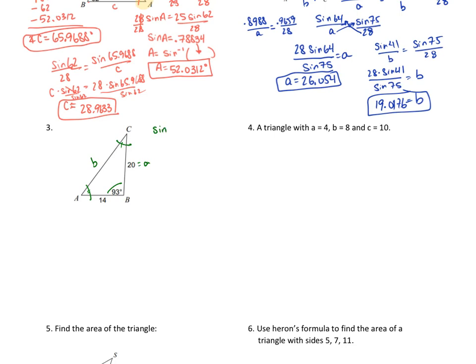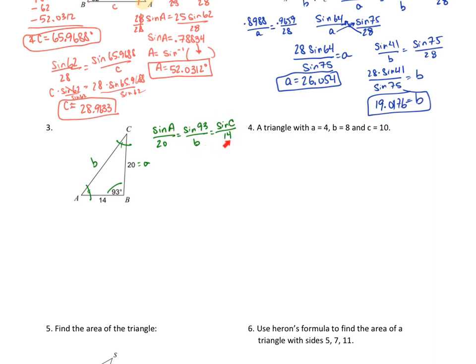In this case, I will put the sine of A over 20 equals the sine of B over little b equals the sine of C over 14. Now, I take a look at the situation that I have here. If I use the first two, I have two variables.